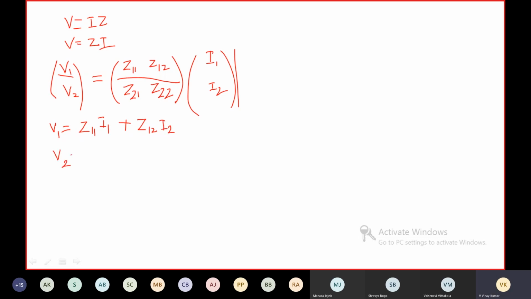Similarly, V2 is equal to Z21 I1 plus Z22 I2. How can we get these parameters?